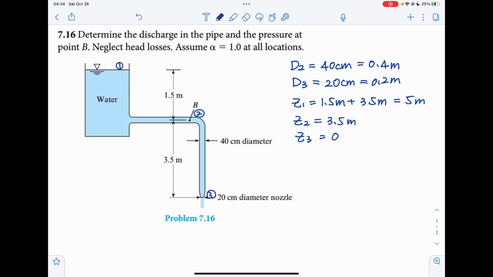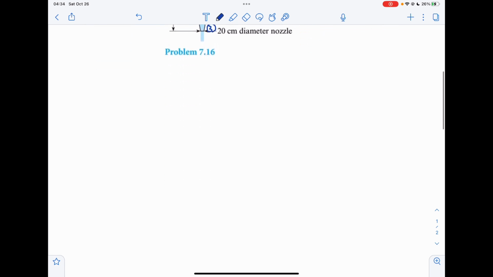Now we're first going to use the energy equation between point 1 and 3 to find the velocity of the outlet. So let's write down the energy equation.